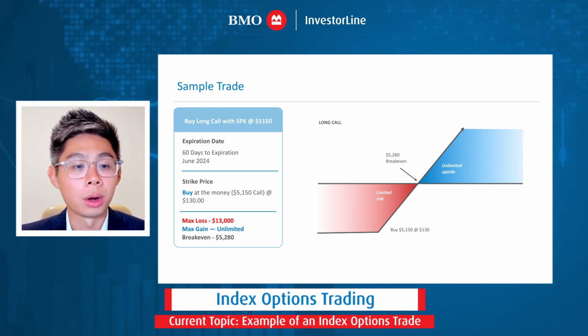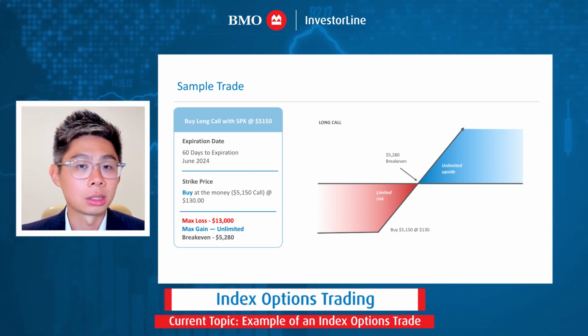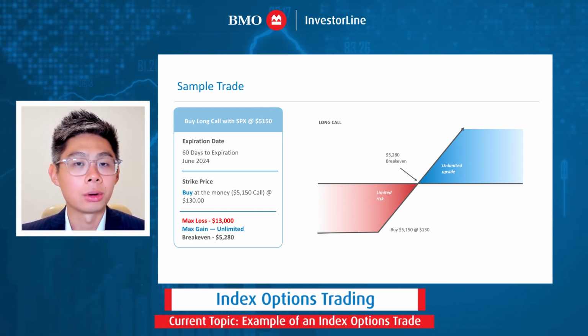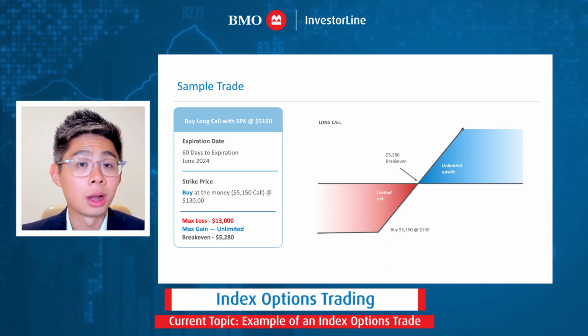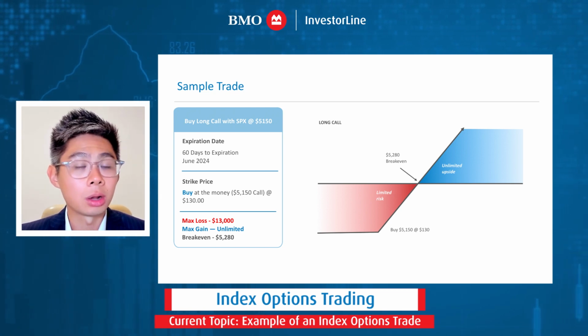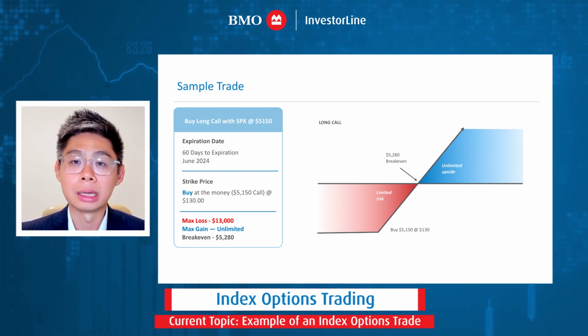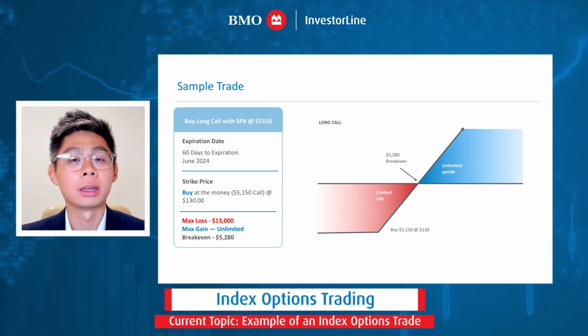And just like a call option that you purchase on a stock or ETF, what you lay out in terms of premium is going to be your max risk. In this particular case, $13,000. My maximum upside here with any call option is unlimited, because the index can, in theory, go as far as infinity to the upside.